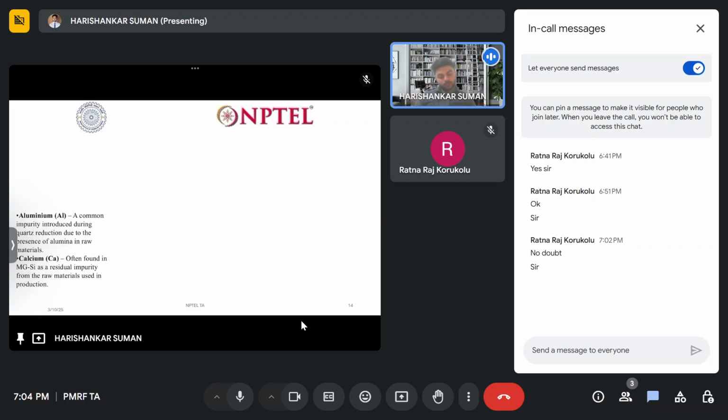Next question: which of the following are commonly used impurity elements in metallurgical grade silicon? Please tell the answer.